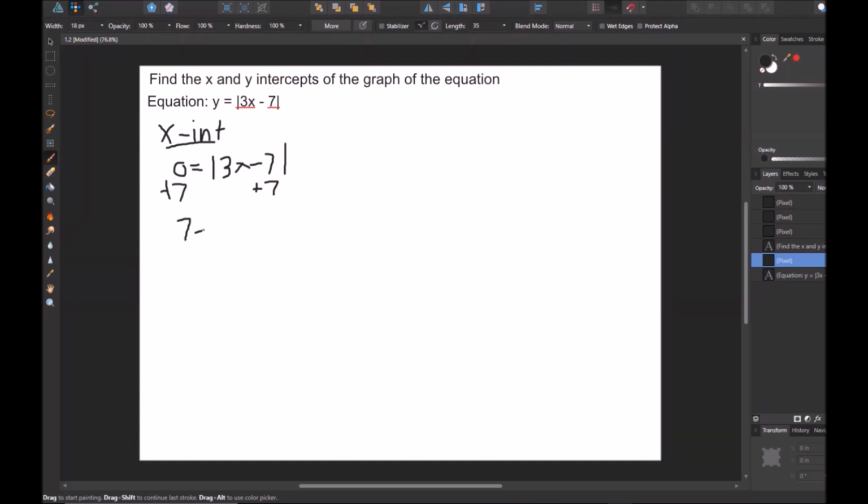So we get 7 equals the absolute value of 3x. Now, to get x alone, we have to divide by 3. And so we have the absolute value of x, which we don't even need the absolute value anymore because it's just x in there. So we just have x equals 7/3.